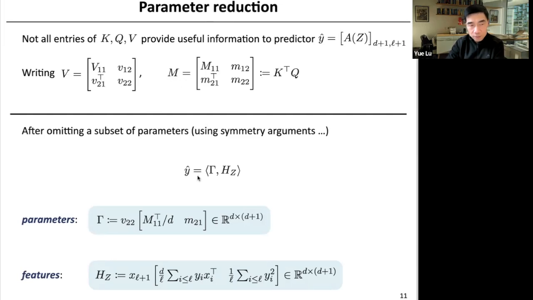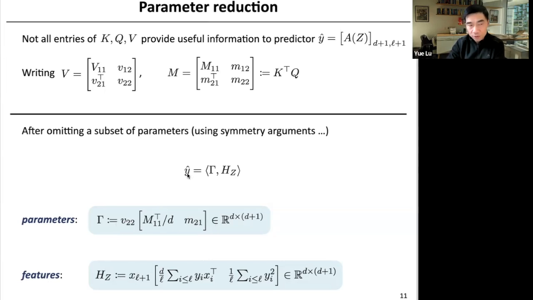Eventually, we can show that the output y hat can be written as an inner product between a matrix gamma, which contains the trainable parameters, and another matrix H of Z, which consists of only the input. So H of Z is a matrix formed from the input sequence matrix, and gamma is a matrix of trainable parameters.